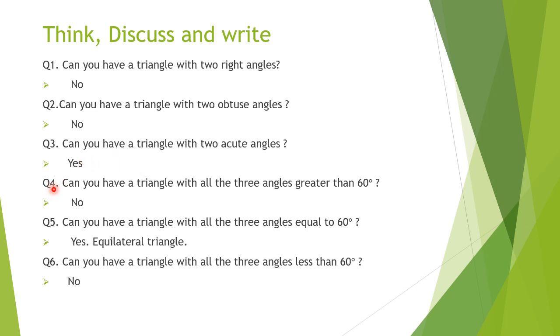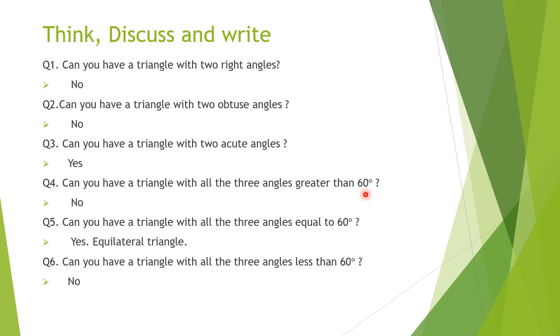Question number 4. Can you have a triangle with all three angles greater than 60 degrees? Children, all three angles are greater than 60 degrees. So let us take an example: 70 degrees, 80 degrees, 90 degrees. So the three angles are greater than 60 degrees. Take any one example.